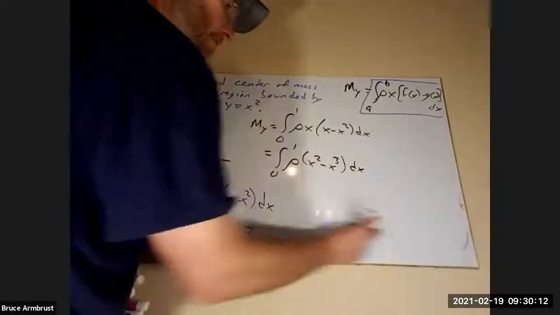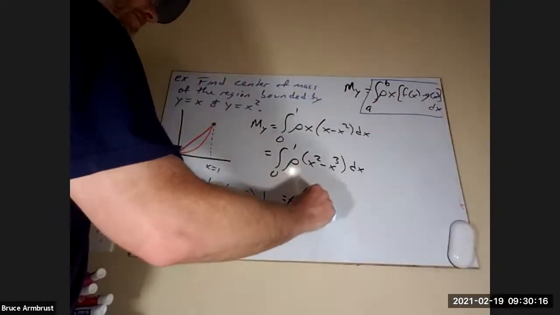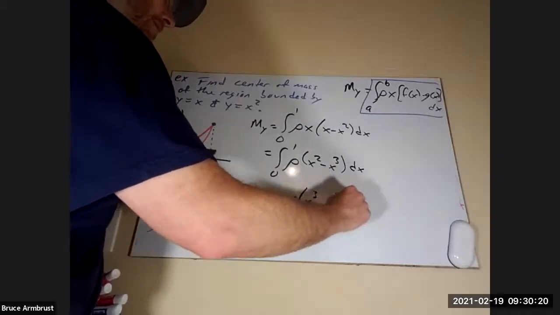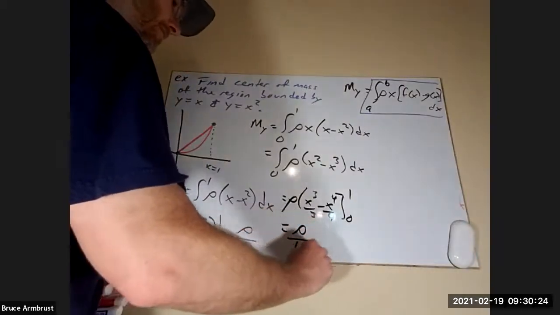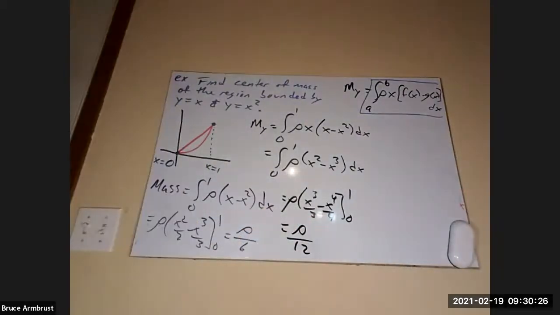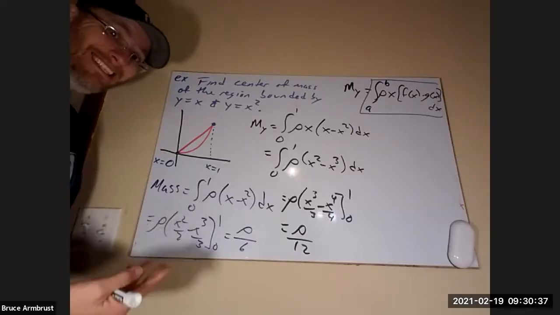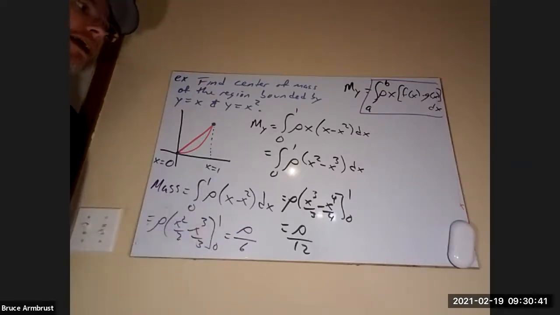And that one's also nice and quick. We pull the rho out front. X cubed over 3 minus x to the 4th over 4 from 0 to 1. And that gives us 1/12. So the My is rho over 12. So again, you tell me what the density is, I divide it by 12, and that's the moment about the y-axis.